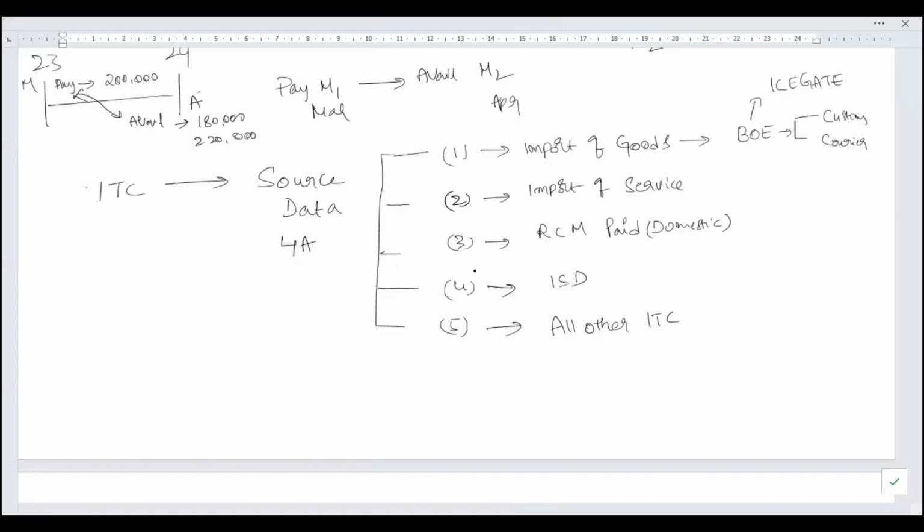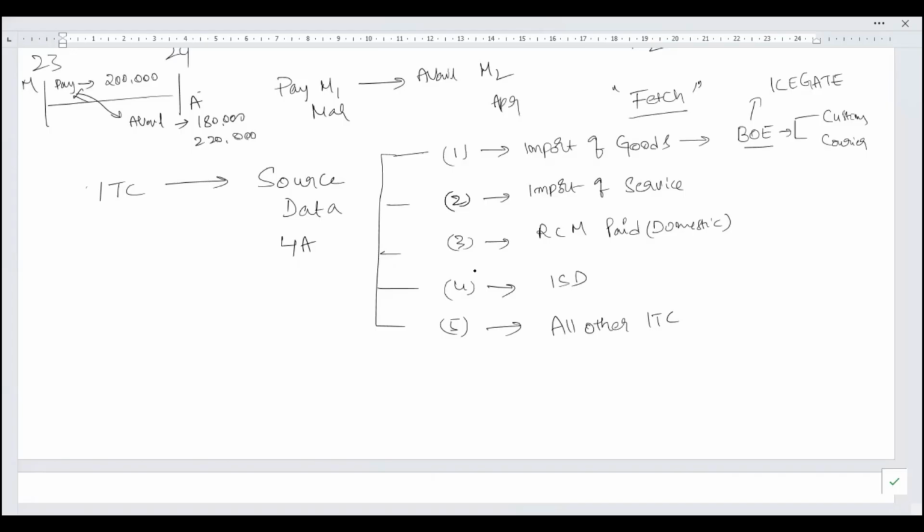In case there is no data, there is a fetch option. Using this fetch option, I enter my bill of entry number and the data travels to the GST portal. Whatever I have claimed as import of goods, they expect a bill of entry, which could be a normal bill of entry or a courier bill of entry.